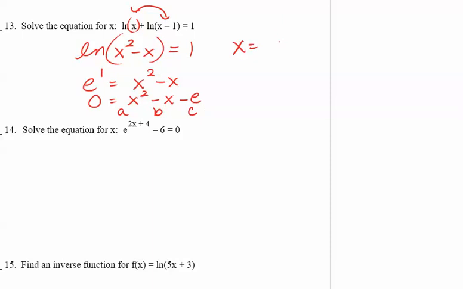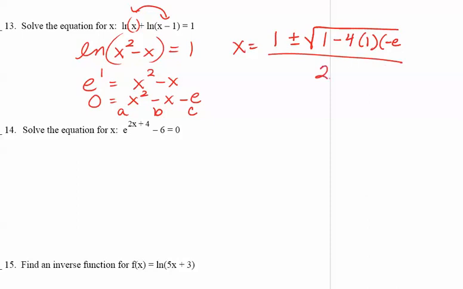So our quadratic formula, the opposite of b is 1, plus or minus square root of b squared minus 4 times a times c, all divided by 2 times a. So I have x is equal to 1 plus or minus the square root of 1 plus 4e all over 2. And there's an exact answer.